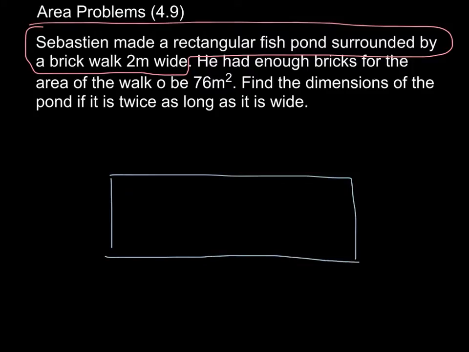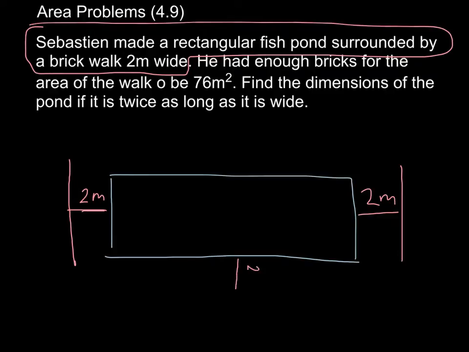And it's surrounded by a brick walk that's 2 meters wide. So what that means is right here, I've got 2 meters. From there to there is 2 meters. From here to here is 2 meters. And then on the top and the bottom also.